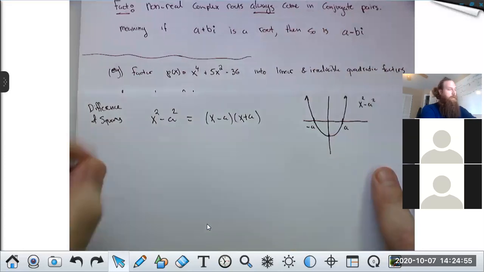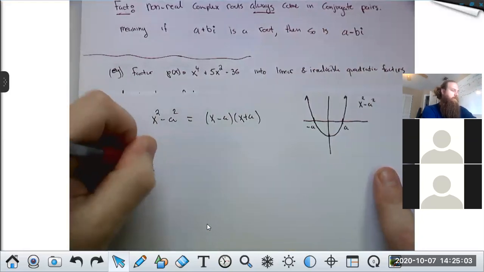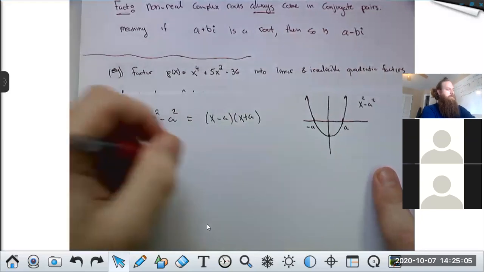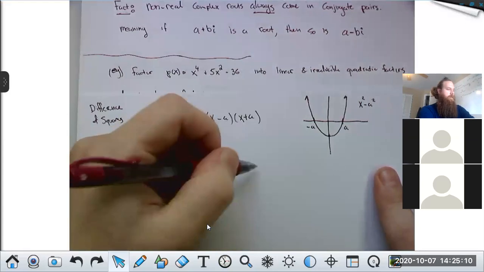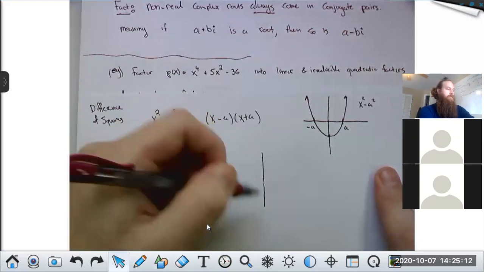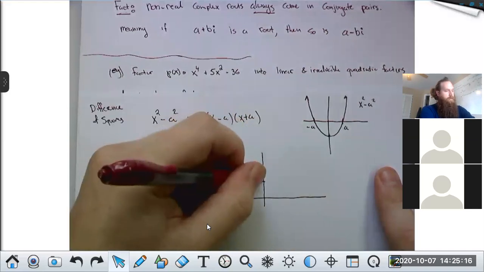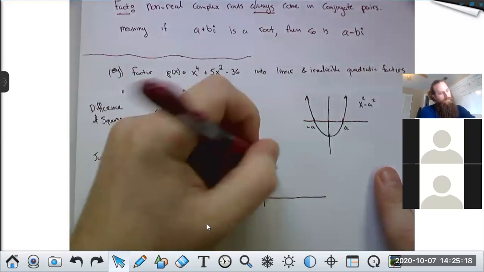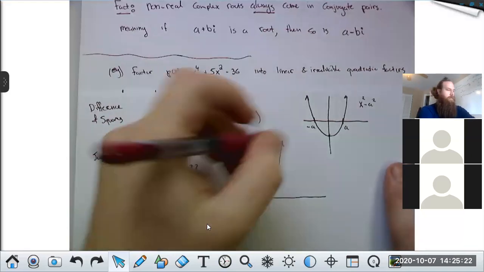But if you moved it the other way, think about that graph. This guy doesn't have any x-intercepts.